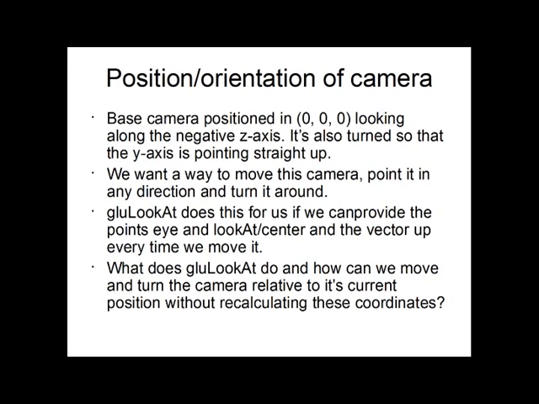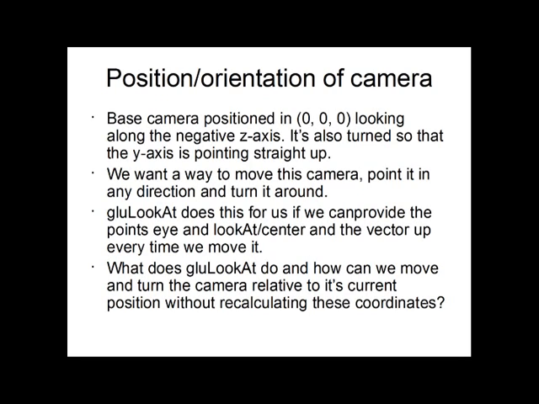That is to take our coordinates and represent them locally in the camera's own coordinate frame, making the camera the center of the universe, and thus making everything set up for the base camera, positioned in 0, 0, 0, and looking along the negative z-axis.